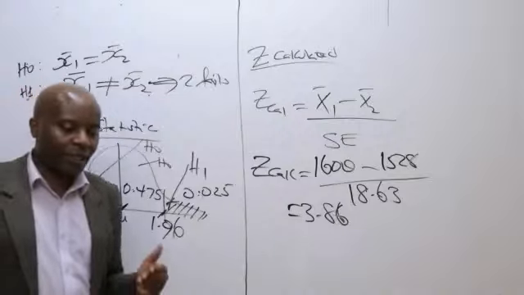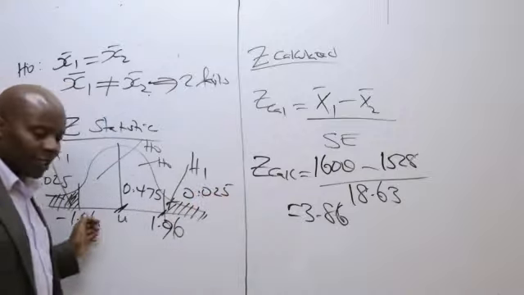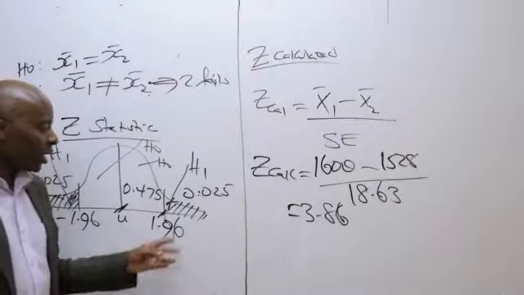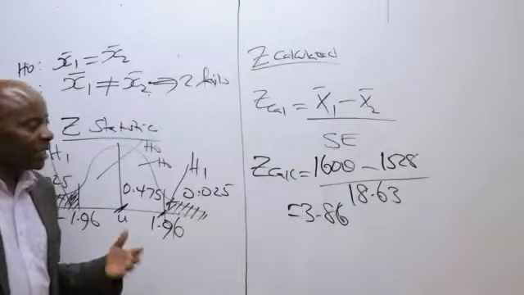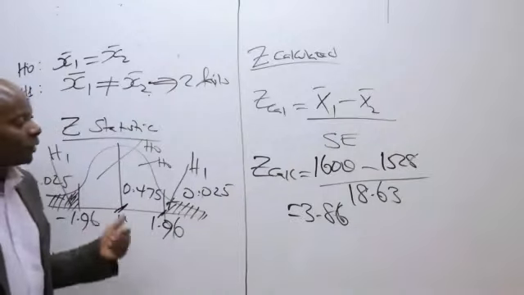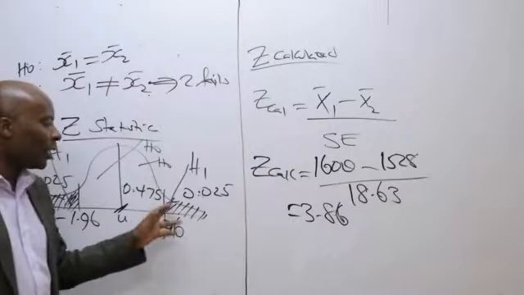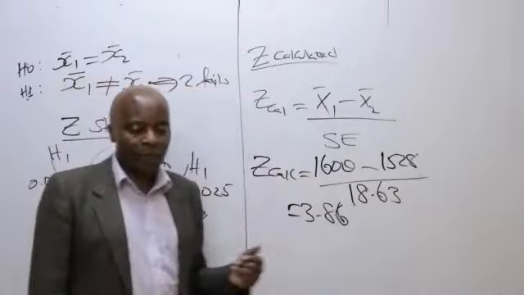The next thing, ladies and gentlemen, having gotten the Z calculated, is to come and fit this thing here. And I can see for sure that the 3.86 is falling on the shaded area. So you simply say there, it falls on the shaded area, therefore accept H1.